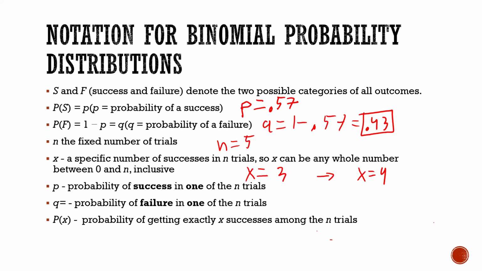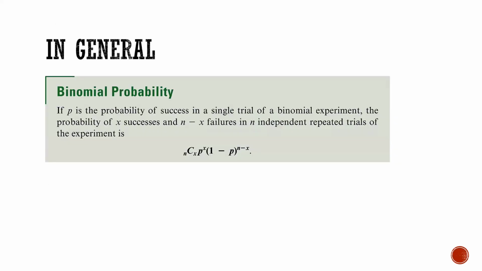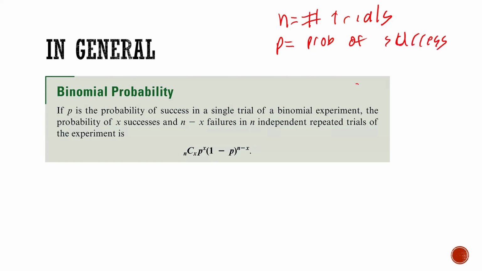That brings us to this as our special formula. So just remember, n is the number of trials, p is the probability of success, x is the number of successes.